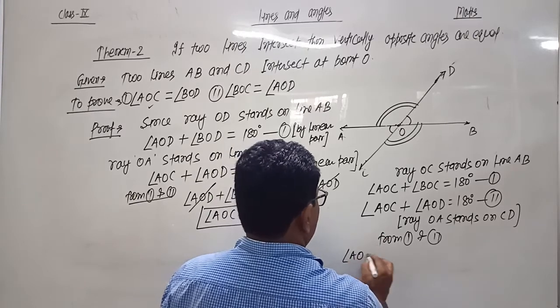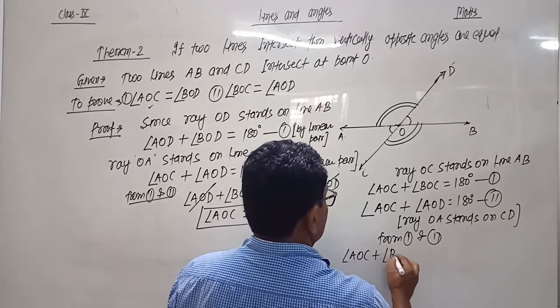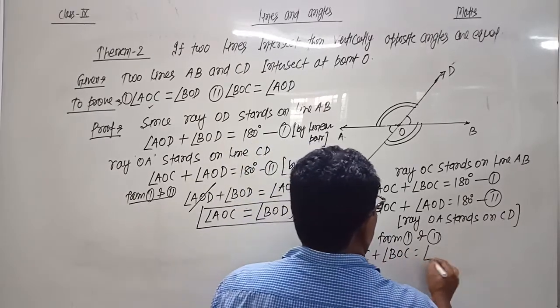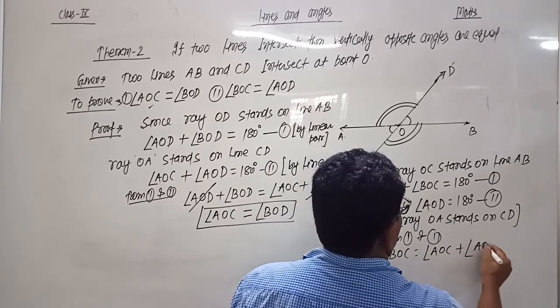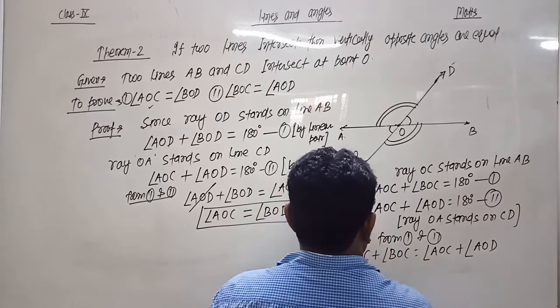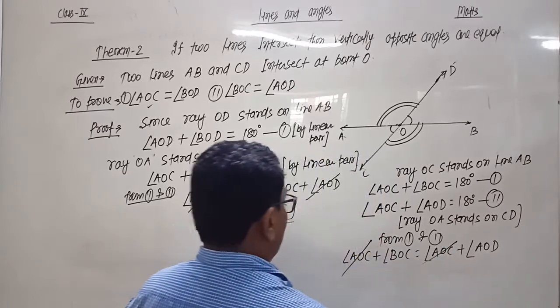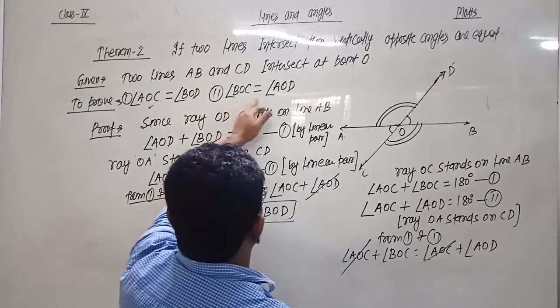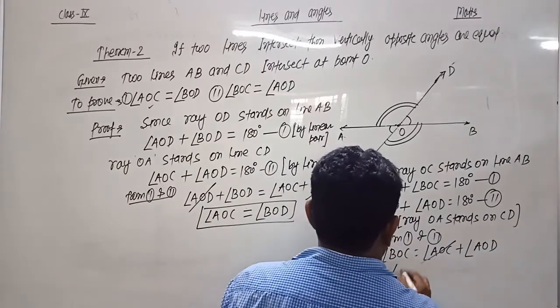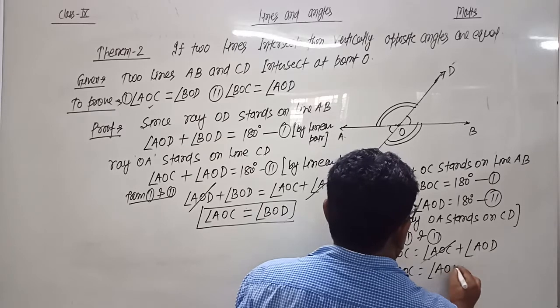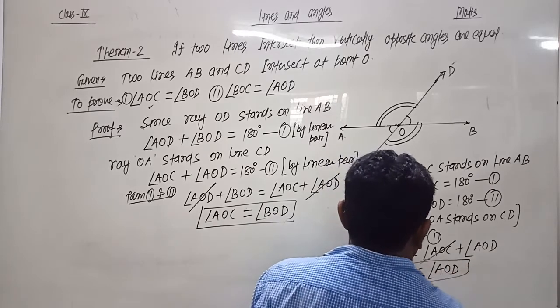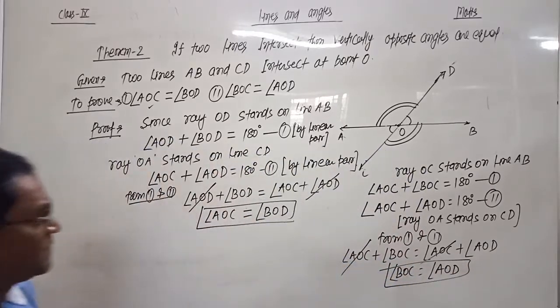So angle AOC plus angle BOC equals angle AOC plus angle AOD. And angle AOC gets cancelled and we get the result: angle BOC equals angle AOD. So this is the second part of the result.